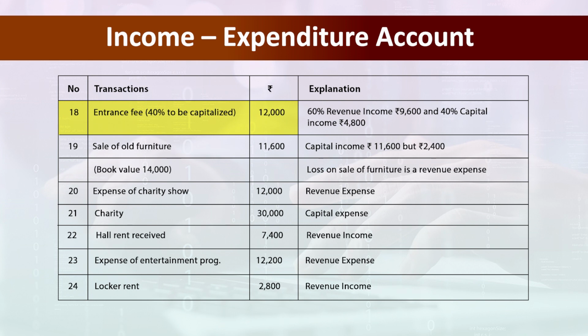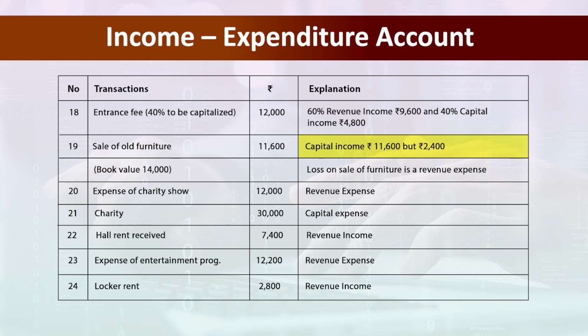Entrance fees, of which 40% is to be capitalized, amounts to rupees 12,000. 60% is considered as revenue income, which is 9,600 rupees, and the rest 40% is a capital income, which amounts to 4,800 rupees. Sale of old furniture of rupees 11,600 is considered as capital income.